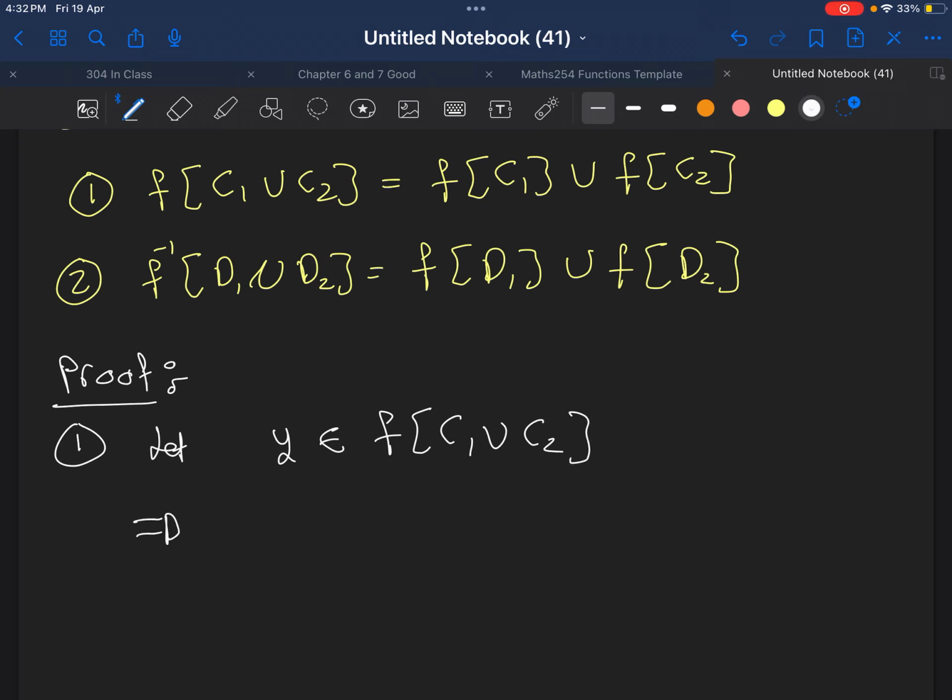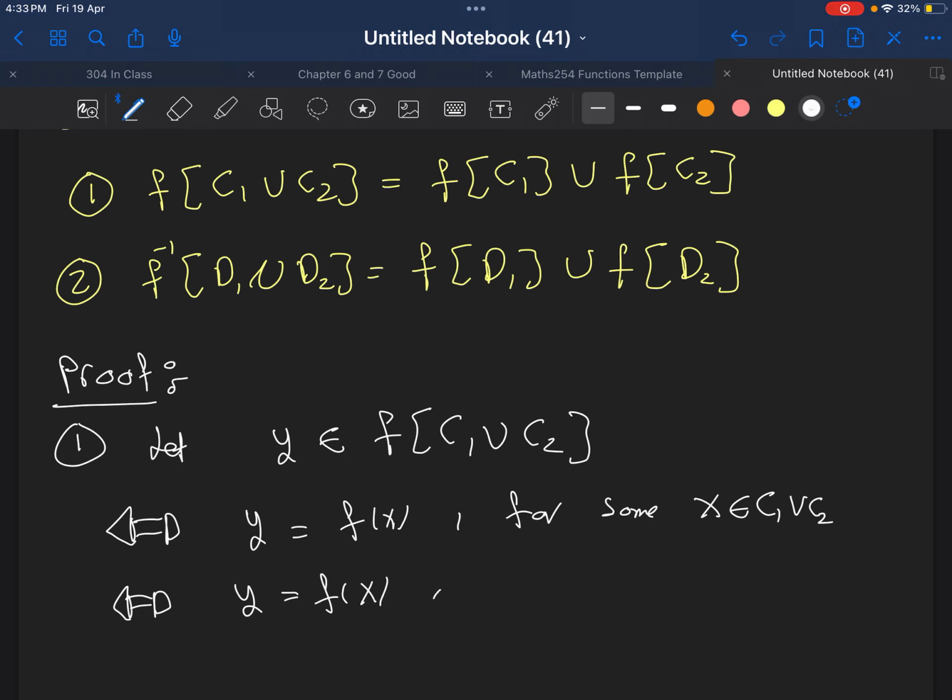This means, if and only if, y equals f of x for some x in C1 union C2, which is exactly the same as saying y equals f of x for some x in C1, or, and that's a big issue here when we say or, so I'm having two options, x in C2.